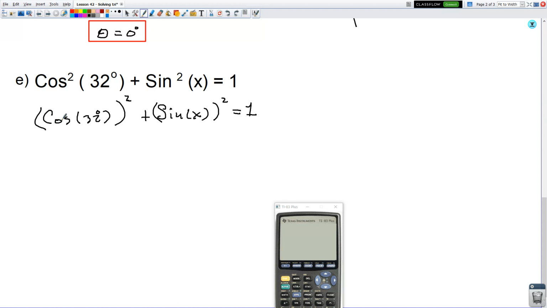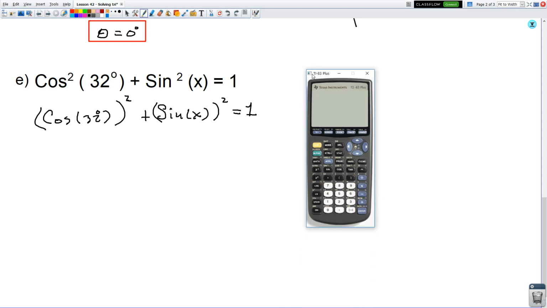Well, notice here, we have the cosine of 32 degrees. That's something that we can find in the calculator. So let's see what that is. We're going to get the cosine of 32 degrees. And according to our calculator, the cosine of 32 degrees is 0.8480. Now, I'm just going to round it to 4 decimal places.